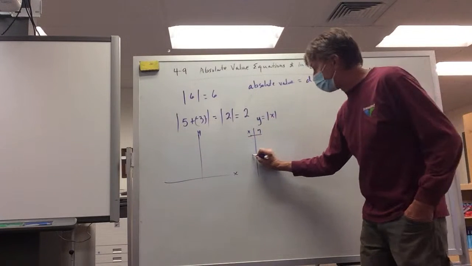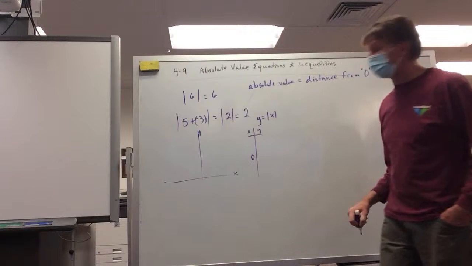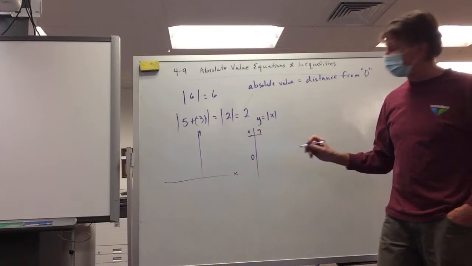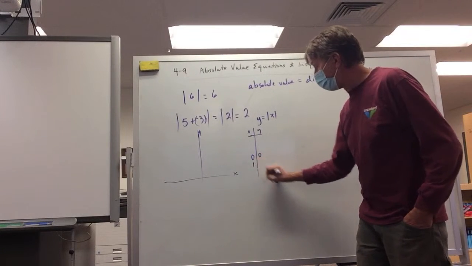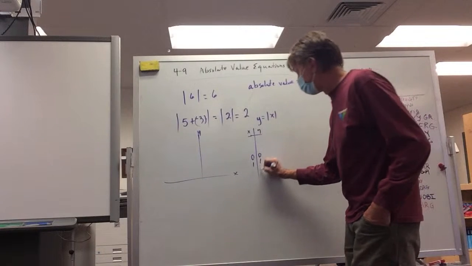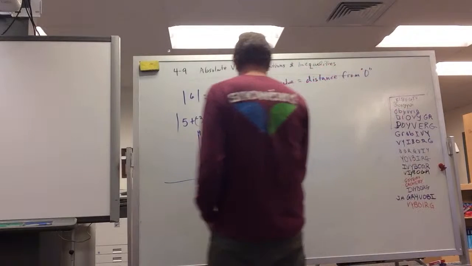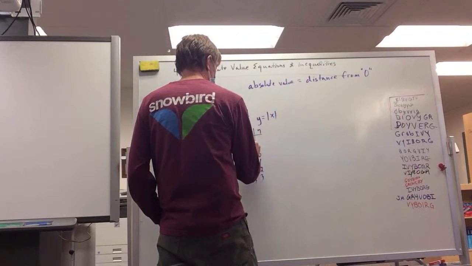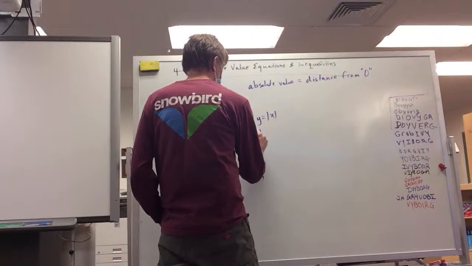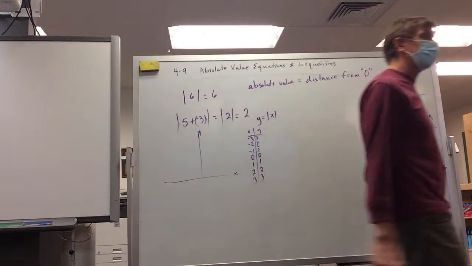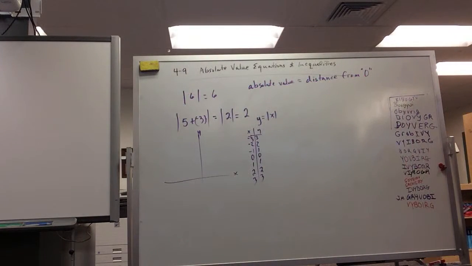So if we start with a couple numbers, what's the absolute value of 0? 0. Thank you. Of 1? Of 2? Of 3? So on. Of negative 1? Negative 2? And of negative 3. Those are all equal to a positive number.